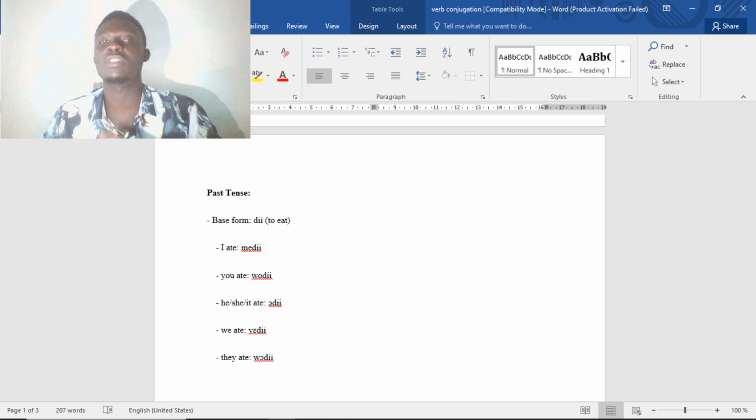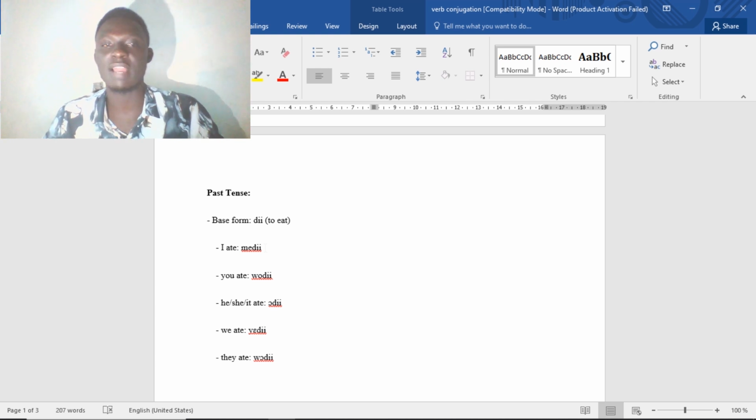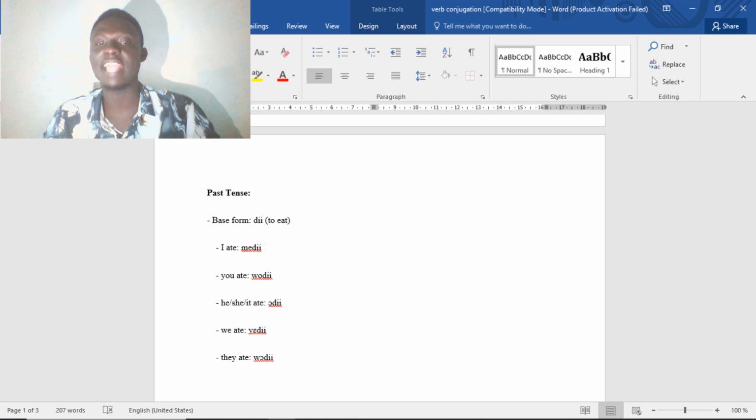When it ends with a consonant, we do not double the last letter in its past form. We will have examples of that in our next session. But here we were seeing the ones that end with a vowel, and when it ends with a vowel in the past form, we double the vowel.